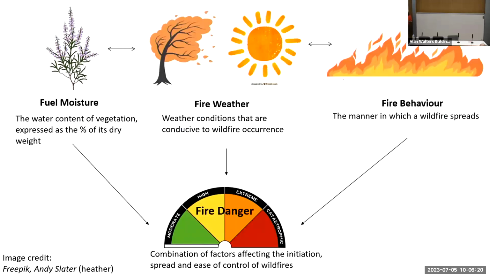So fire danger refers to the combination of factors that affect the initiation, spread, and ease of control of wildfires. And there are three groups of factors that are important for determining wildfire danger. That is the fuel moisture, fire weather, and fire behavior. And today I'll be mainly focusing on fuel moisture and fire weather.